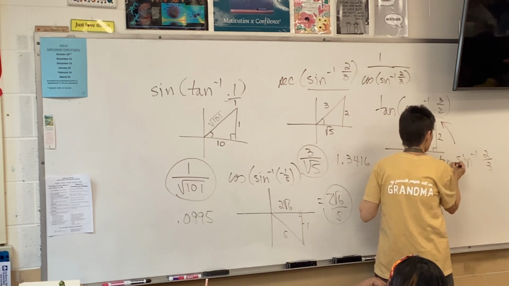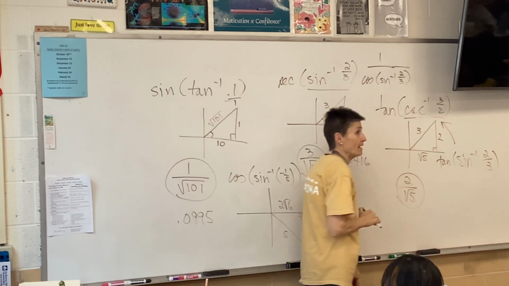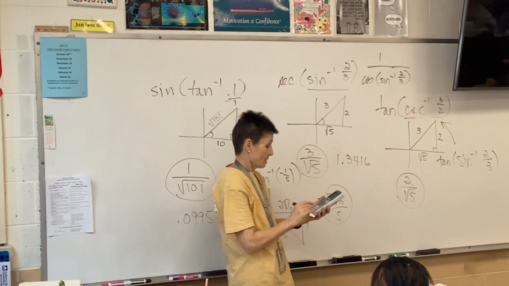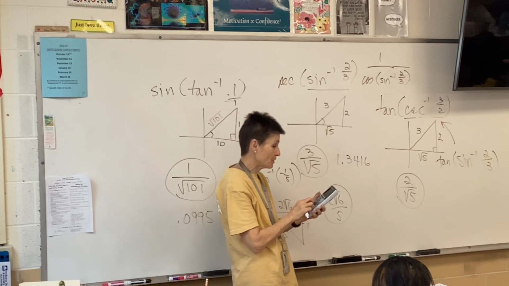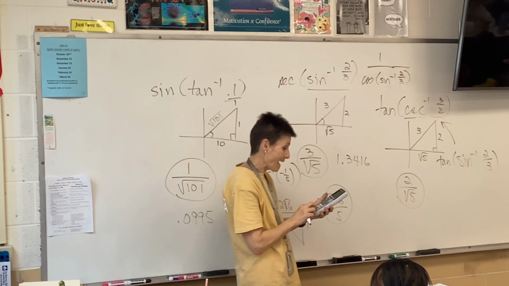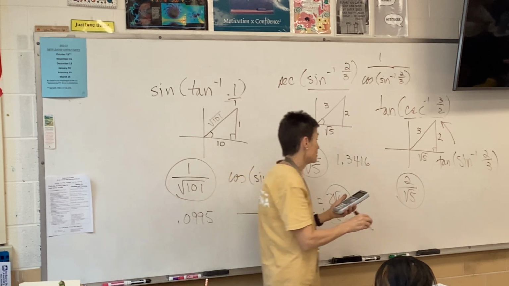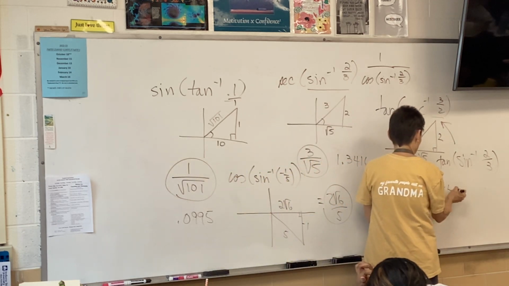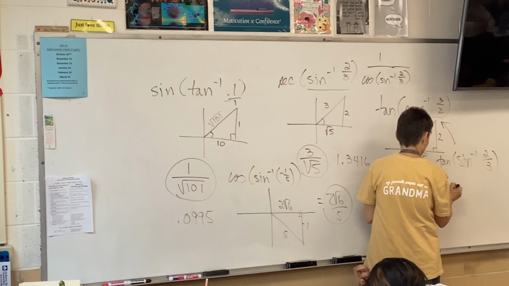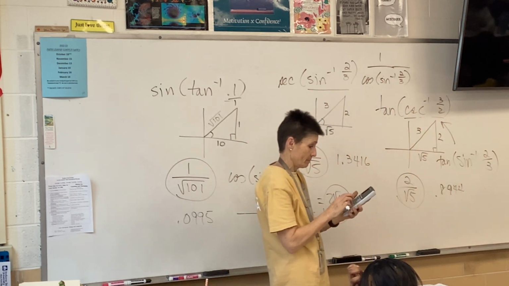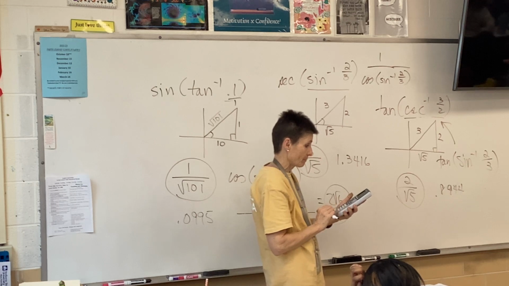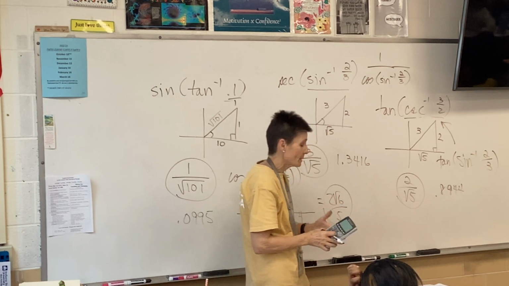We type the tangent of that. Sometimes we get confused because we want to do 1 over. You have to pay attention to what you're doing. 0.8944.